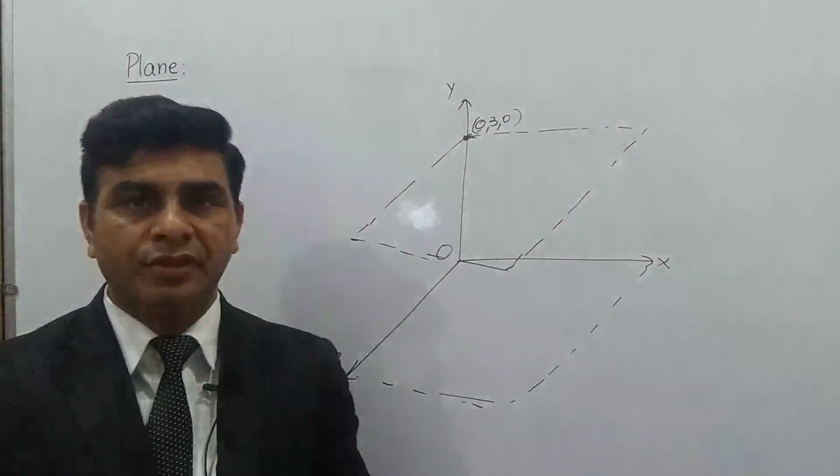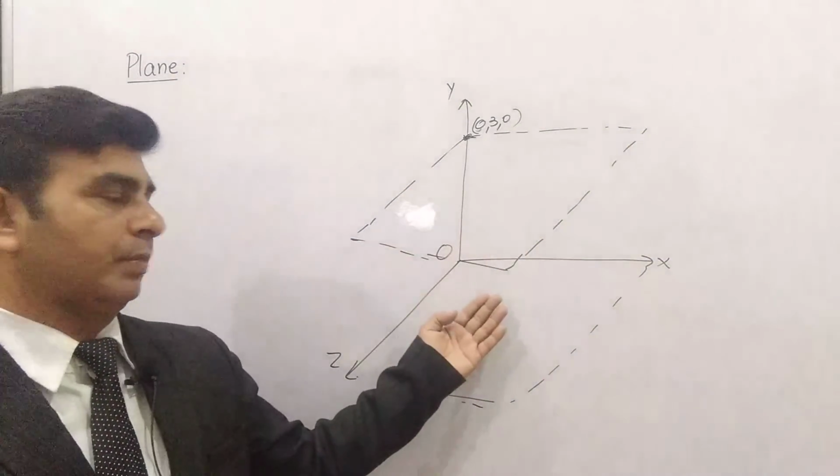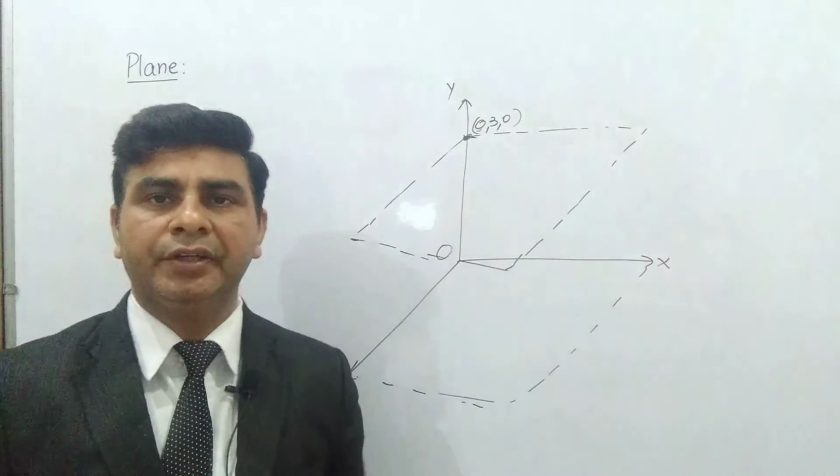So this is a plane which is parallel to ZOX plane, and it is intersecting the y-axis at the point 3.